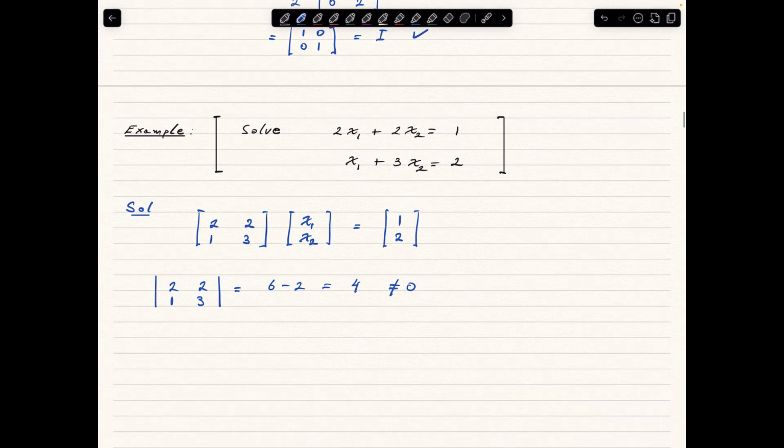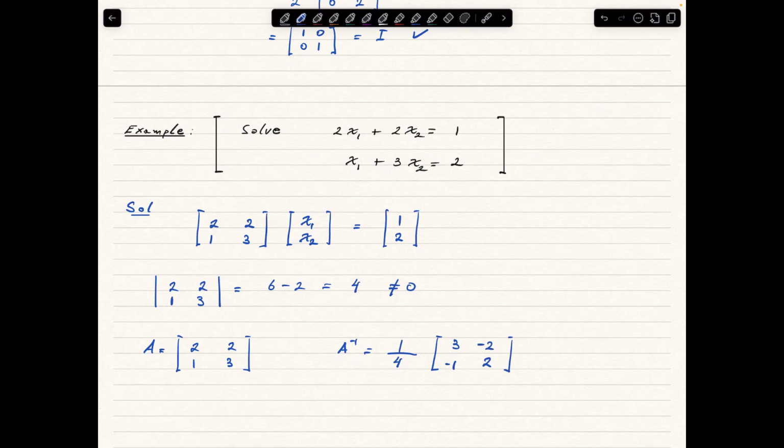So if we call, now we are going to have to give it a name, [[2, 2], [1, 3]] our matrix. Then the inverse matrix is going to be 1 over that determinant, and then what we need to do is we need to change the 3 with the 2, and then the sign in the -1 and in the -2.